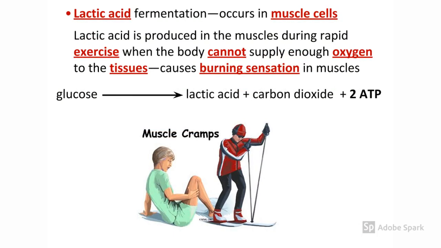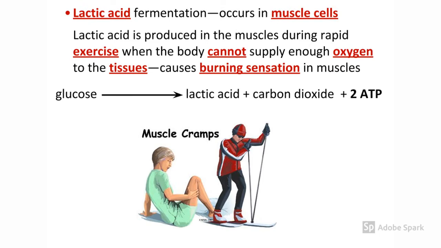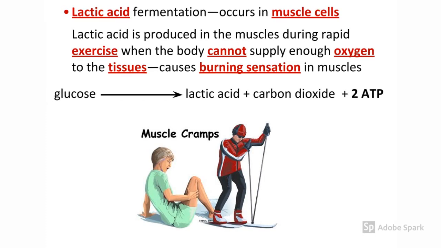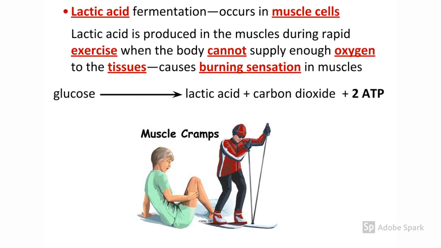Lactic acid fermentation, on the other hand, is what happens in humans in our muscle cells. When lactic acid is produced in the muscles during rapid exercise, the body cannot supply enough oxygen to the tissues, so this causes a burning sensation in the muscles. And that's what happens as you start running.